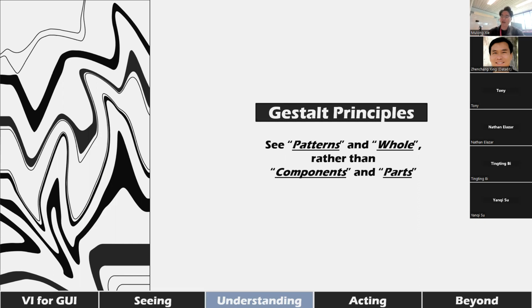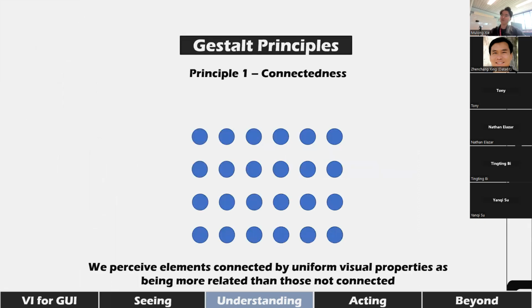So how to understand it? I will give you some interesting examples to explain it. Here we have a set of blue circles, right? And we cannot see any patterns yet. But what if I draw a bounding box to enclose some of the circles?